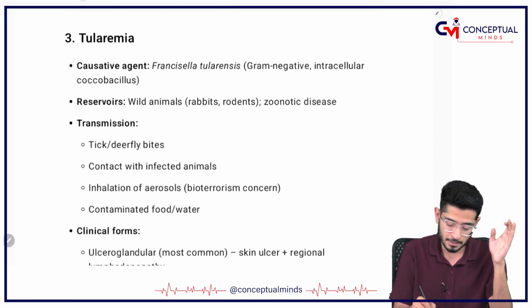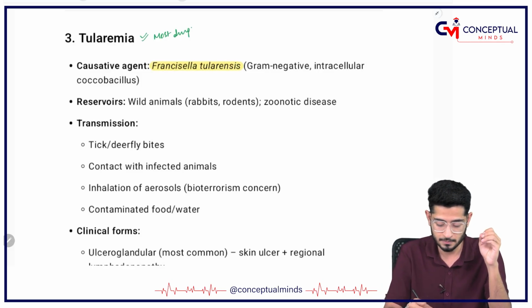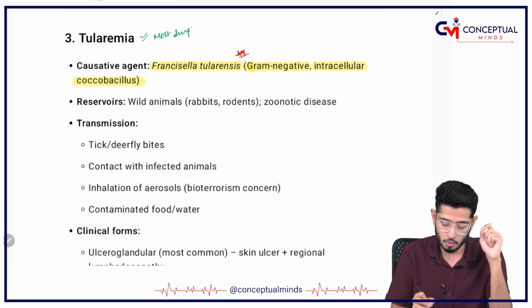Coming on to tularemia, this is the most important topic out of all these three. Tularemia is caused by Francisella tularensis, which is a gram-negative intracellular coccobacilli.